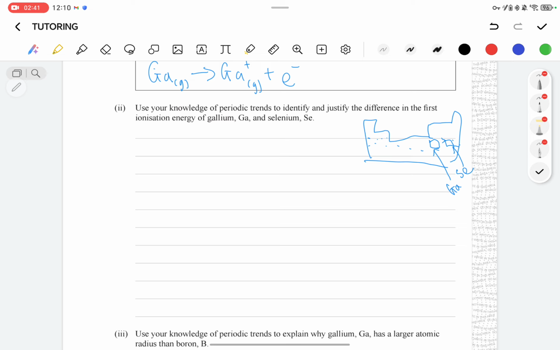To answer this question, I think it's good to be a bit straightforward and just state which one has a greater first ionization energy than Ga. Since it's easier for gallium to lose an electron, selenium must have a greater first ionization energy than Ga. So let's write that down.